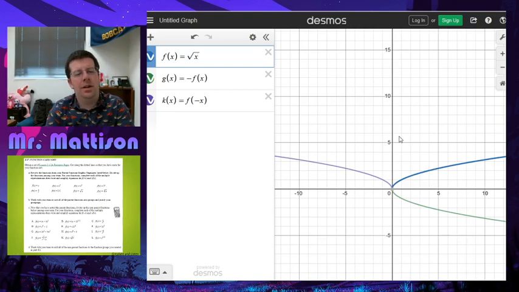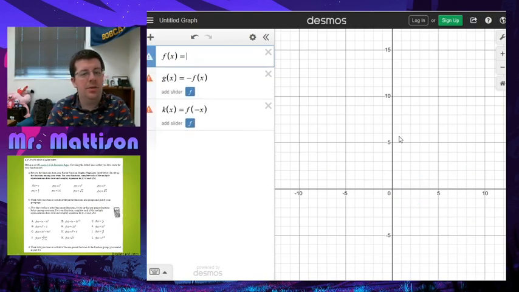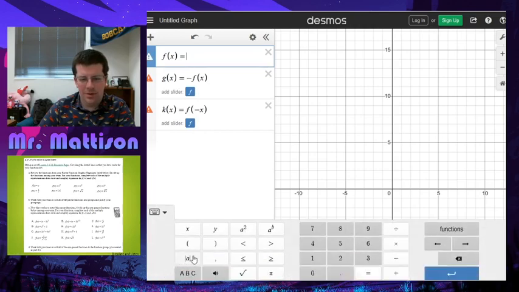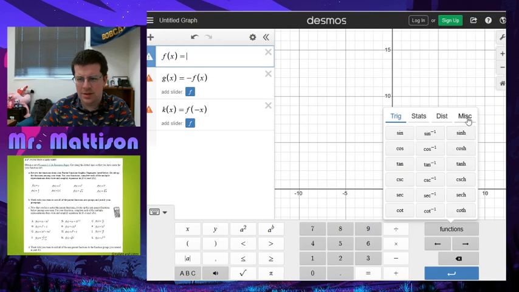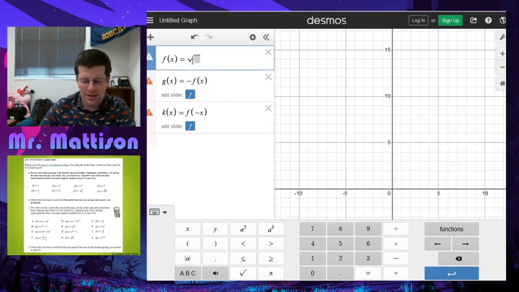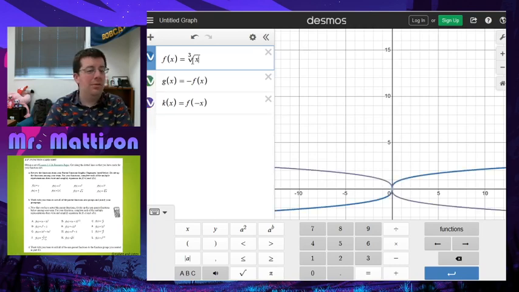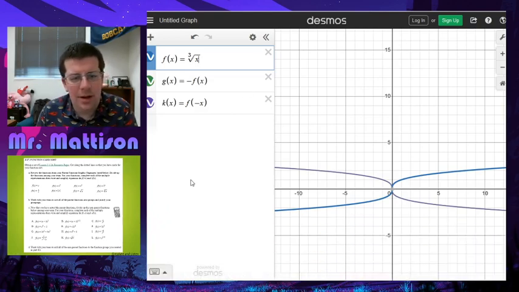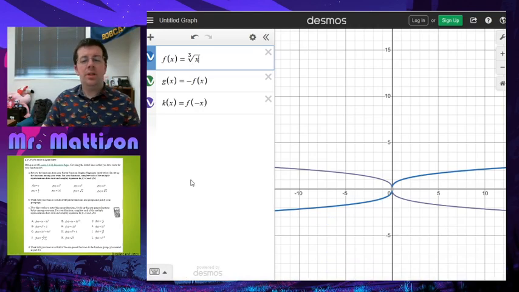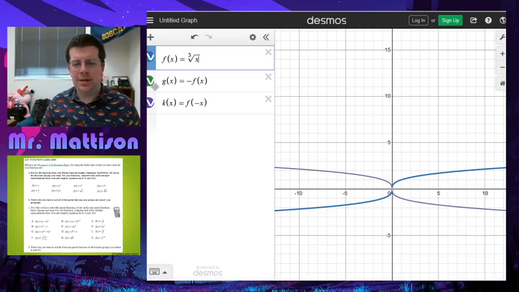And then the final one we're going to do is the cubed root of x. Now there is, I believe, a button for the cubed root. If you go into functions, miscellaneous, yeah, you can do it here, where that's the cubed root of x, right? The shorthand way of doing it is just do x raised to the 1/3 power, but I wanted to show you that option there as well. So cubed root of x, well, I'm seeing those. I'm not seeing my green graph.